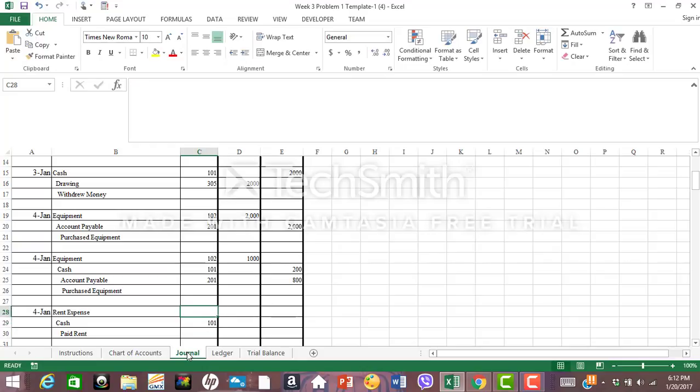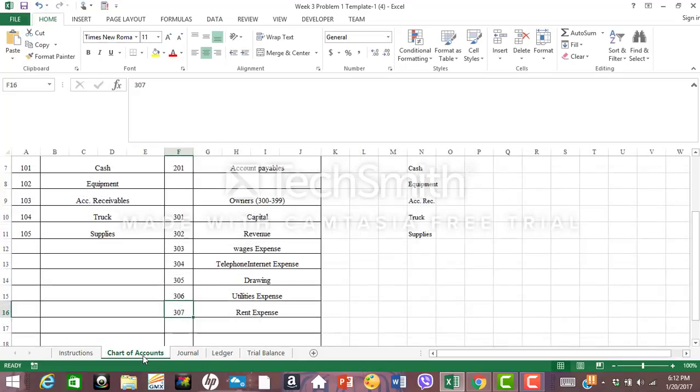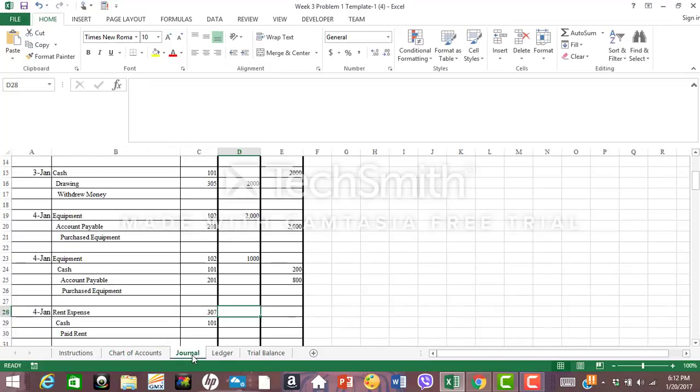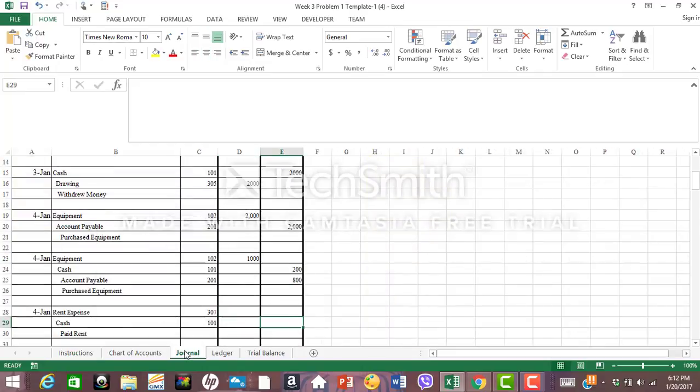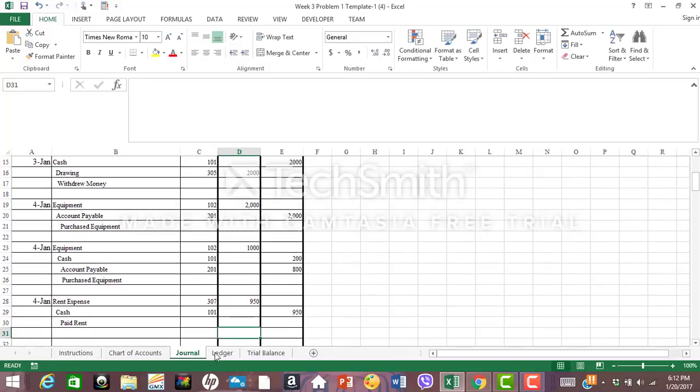Cash is 101, rent expense is 307. Let's see how much he paid. He paid $950. So we know we credit $950 under cash. When we credit under cash, obviously we debit under rent expense.